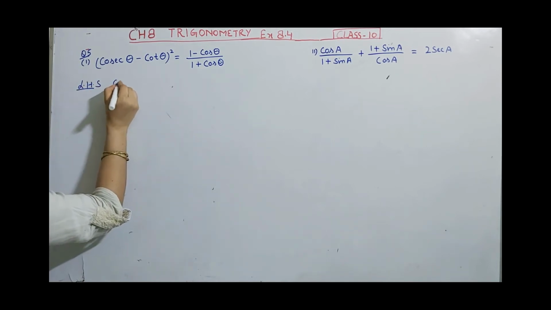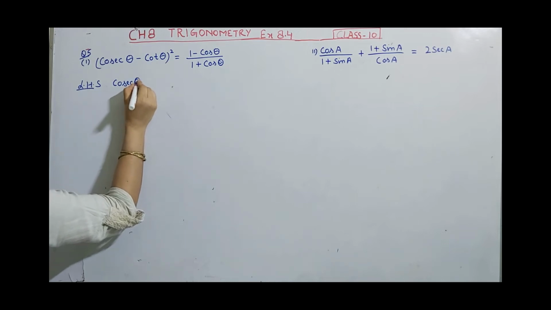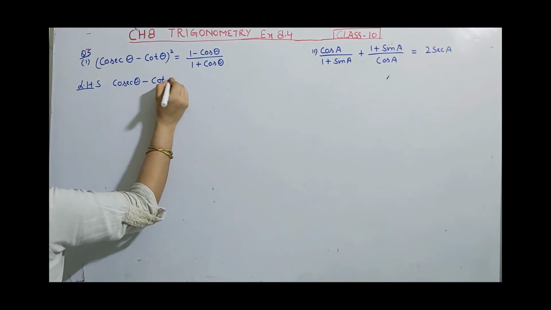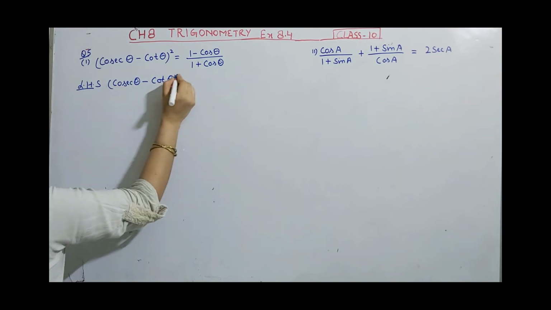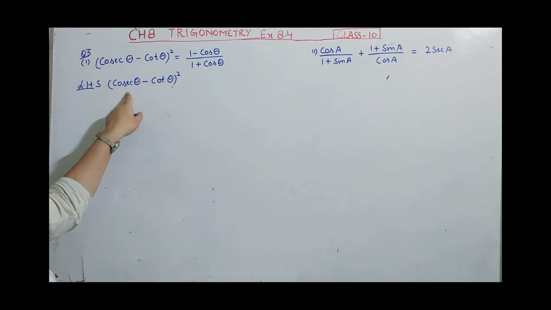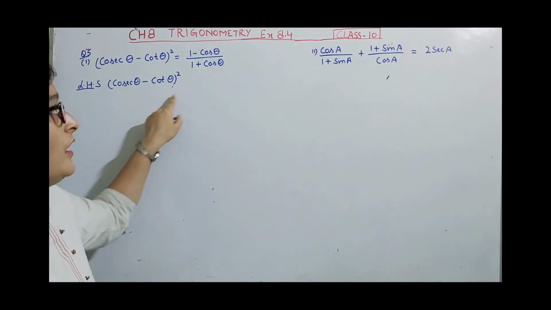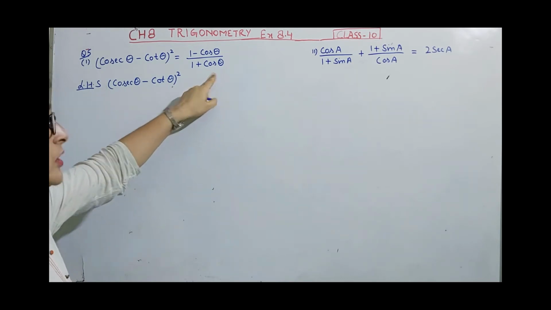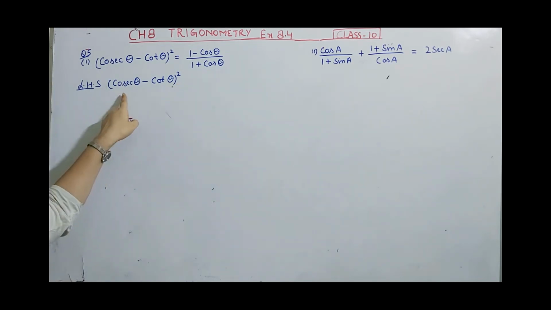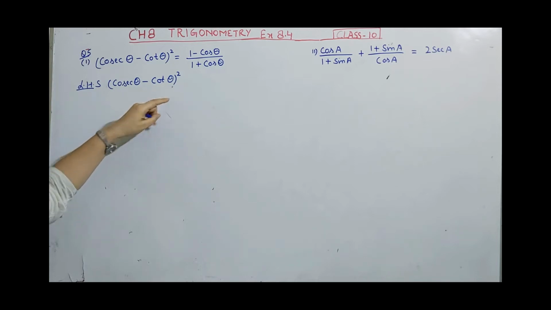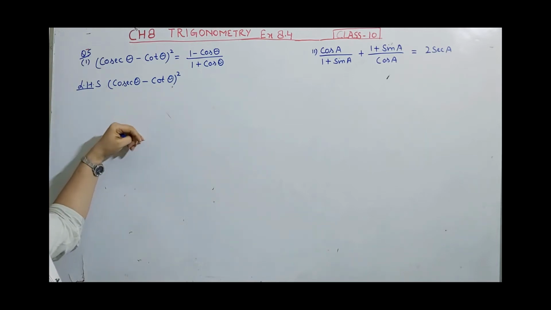Left hand side: (cosec theta minus cot theta) square. So we have to change these cosec theta and cot theta in terms of sin theta and cos theta.